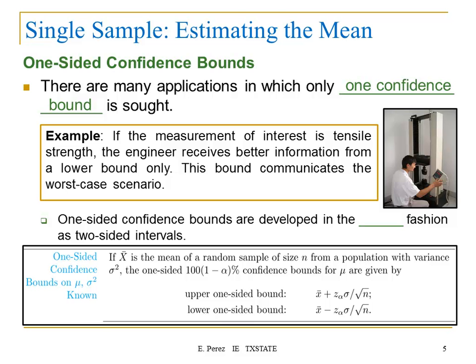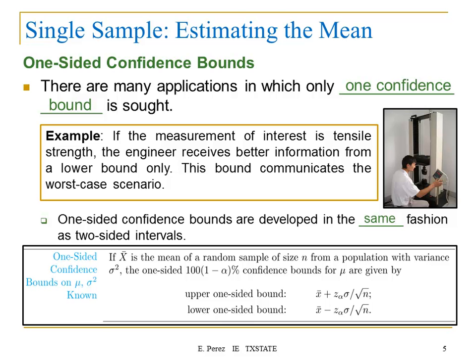This bound communicates the worst case scenario. So there will be some cases in which you are not interested in the upper bound. And this is one of those examples. You're just interested in that lower bound because that's going to measure the performance of the material that you're testing, for instance. So for those cases, it's better to apply a one-sided confidence interval.